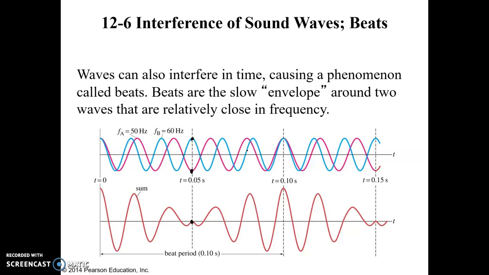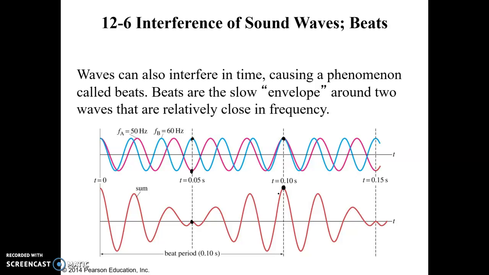But then eventually they will come to be in the same phase with each other, and so both peaks of these waves are occurring at the same time, and we'll actually then get a sound that is doubled in amplitude.